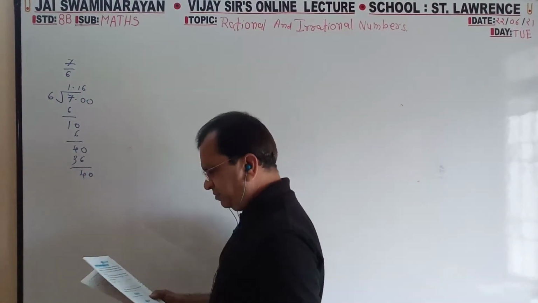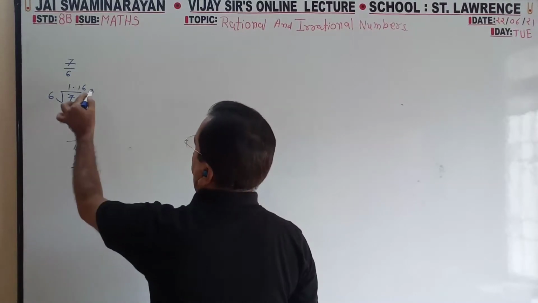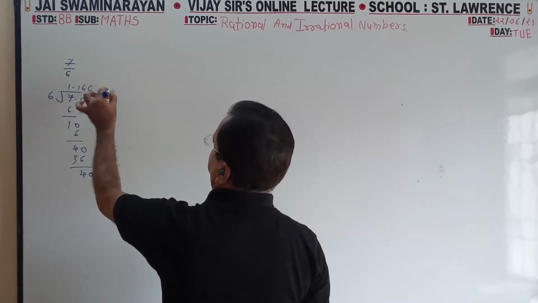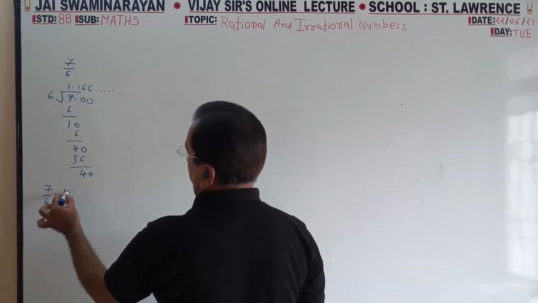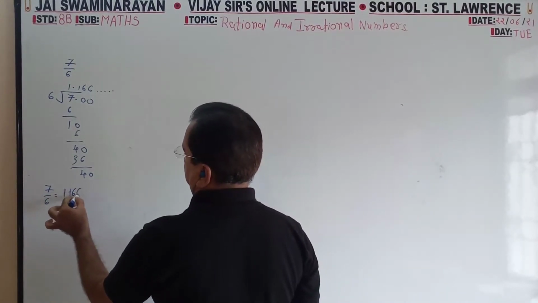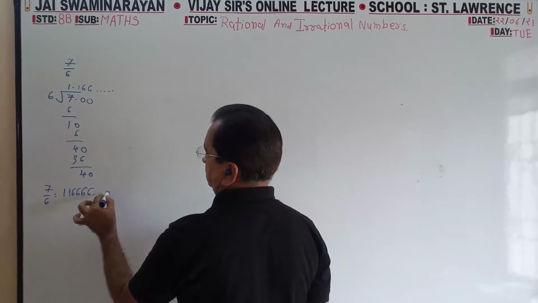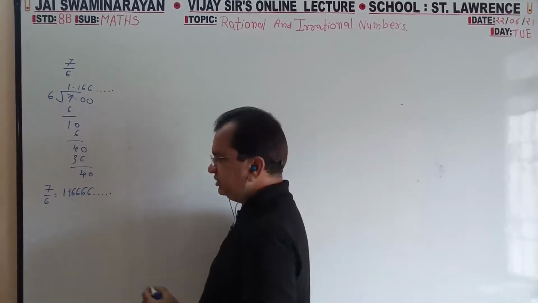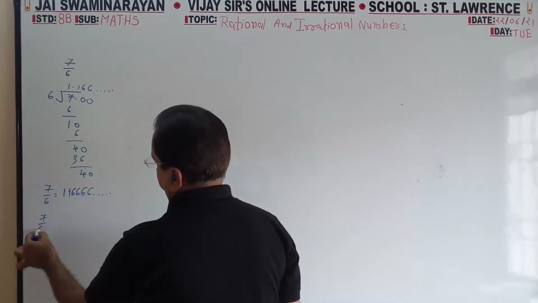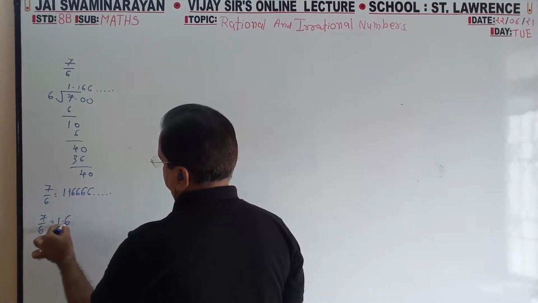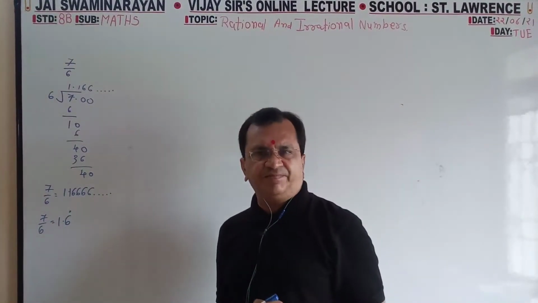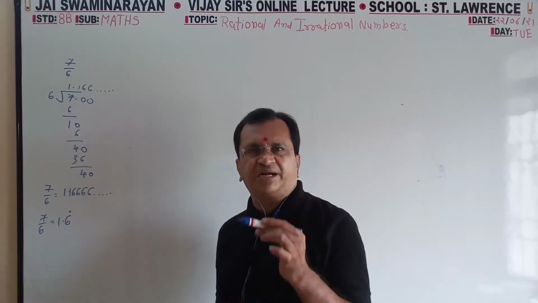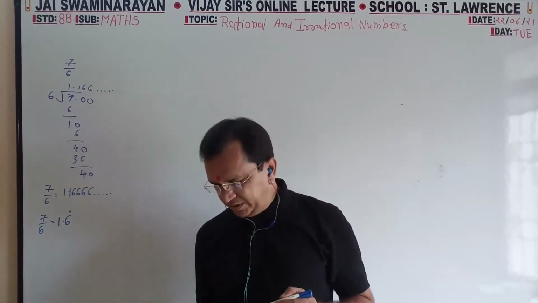So it is coming 6666 again. So 7 by 6 is equal to 1.1666. This is how to write it in short: you can make a dot, you can make a line. That means the number is repeating again and again.